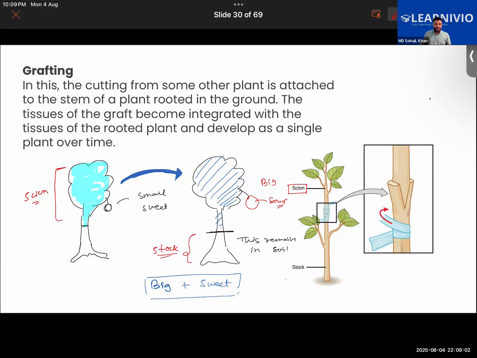After a few weeks, once we see that these two plants have started to grow, the leaves have started to grow further, and the stems have joined together, they act as one individual plant. Then we may remove the tape here.